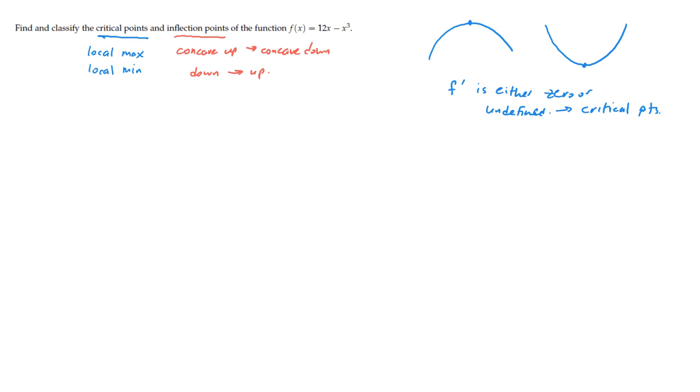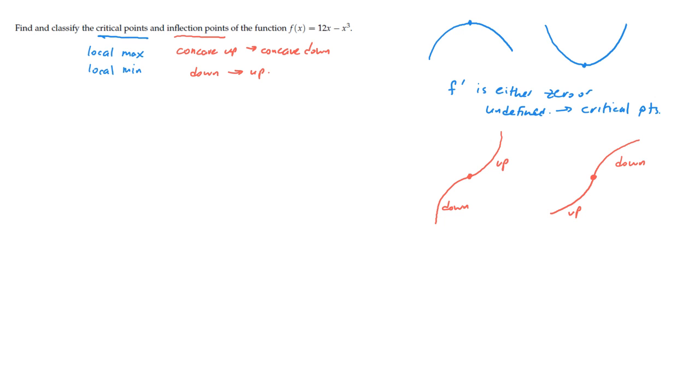And then inflection points occur when the concavity of the function's graph changes, from concave down to concave up, or from up to down. So here we have a change from concave up to concave down. And here we have a change from down to up.